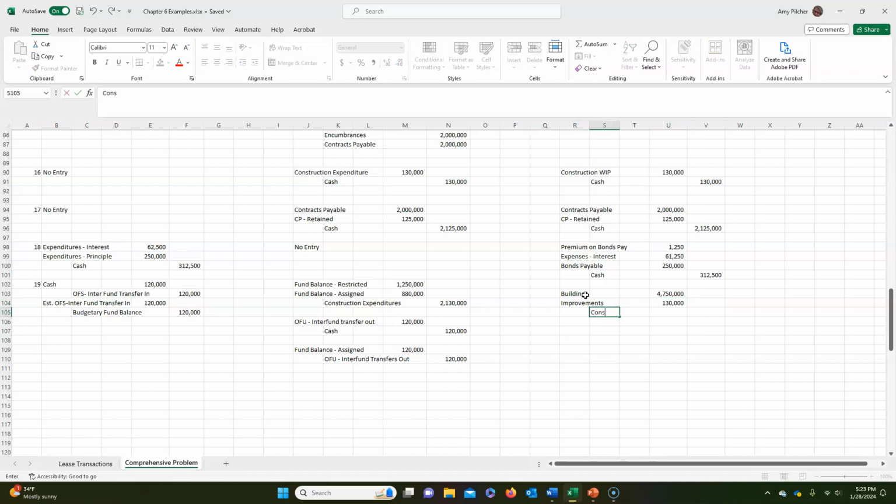And then we have construction work in process of those two combined. Okay, so that kind of shows you how we have serial bonds, the construction thing, and how it plays in governmental activities.